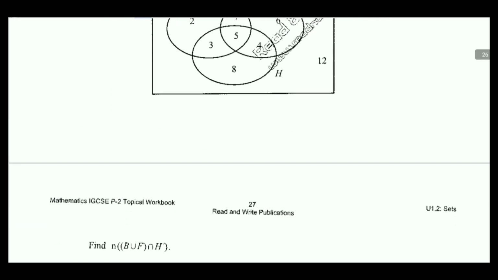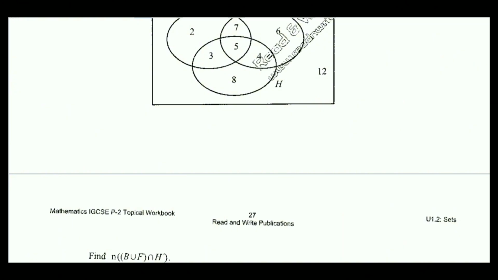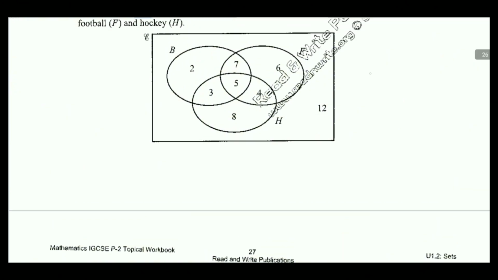First of all, we will find B union F. In B union F: 2, 3, 4, 5, 6 and 7. All the parts of B and F.